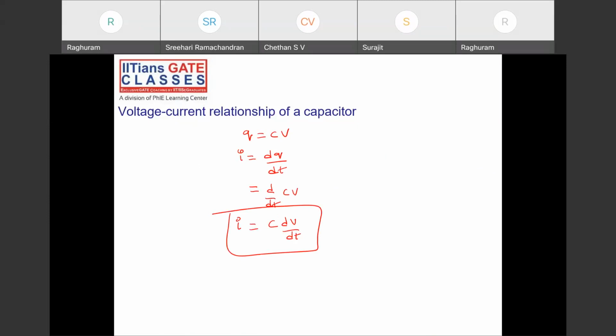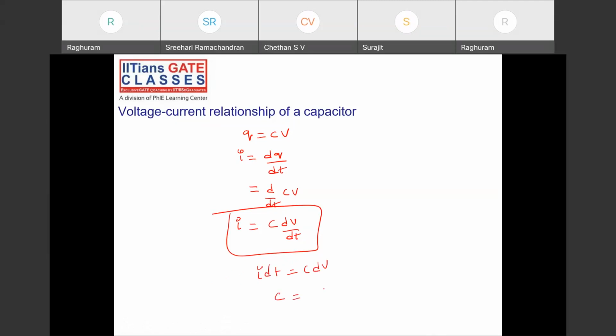Okay. So from this, if you can see, the property of capacitance is something like this. Or I can write C is equal to, I dt is equal to C dV.